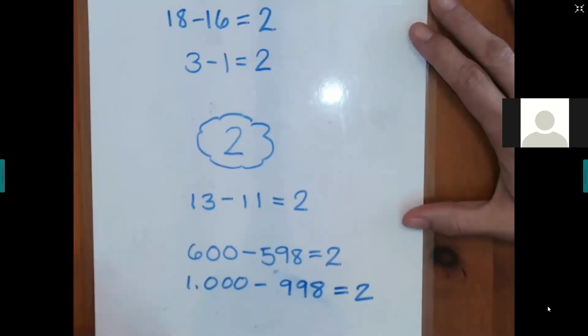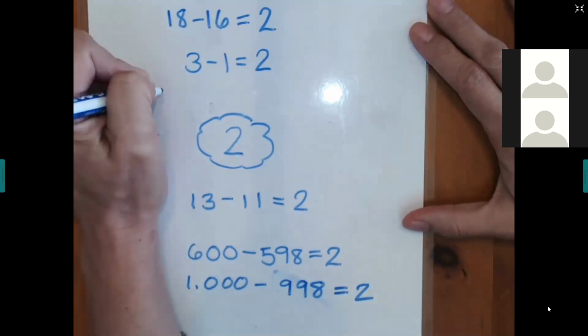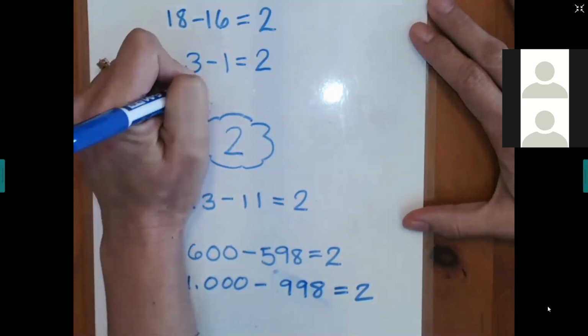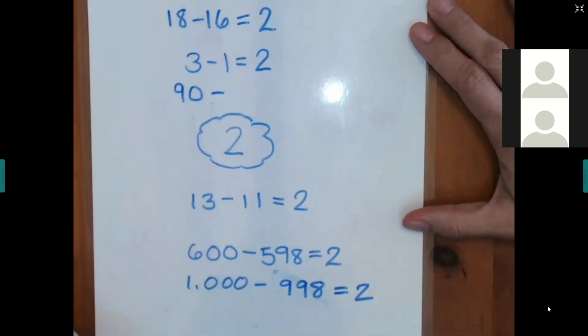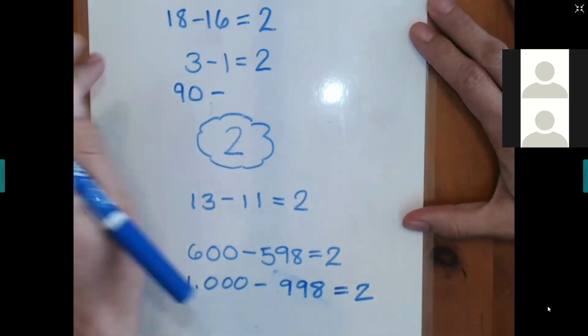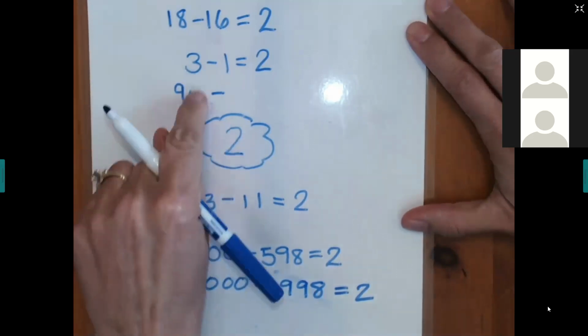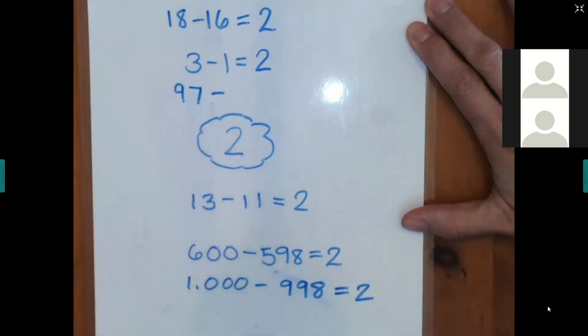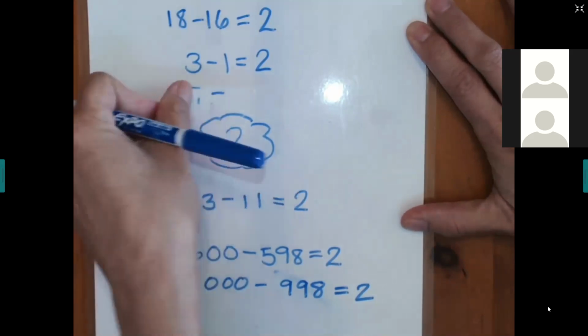Oh, there you go. 100 minus 97. You want me to start with 97? Okay, 97. I think, no, 100 minus 97 equals 2.